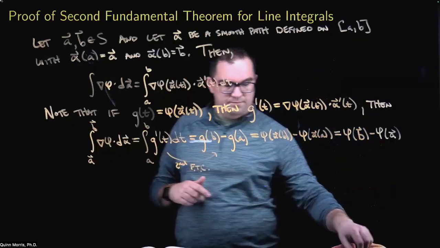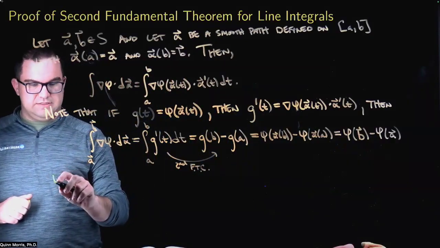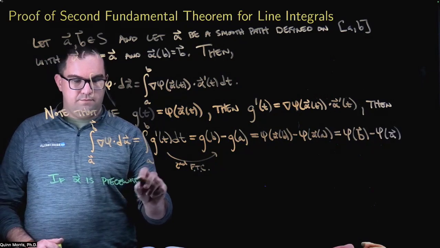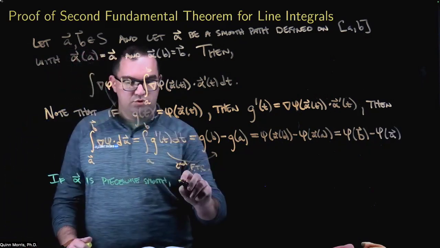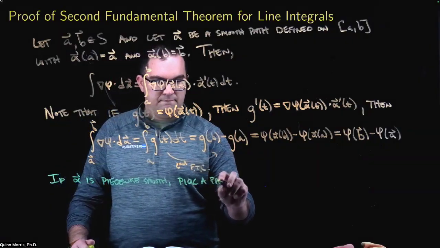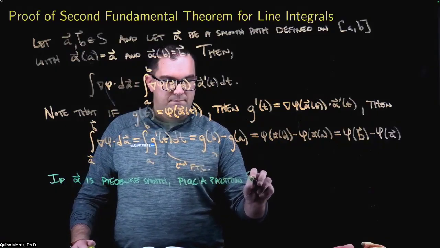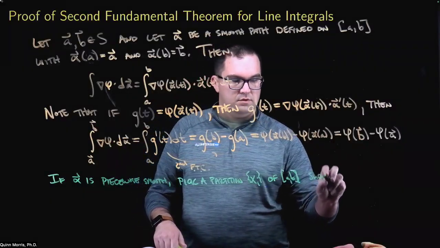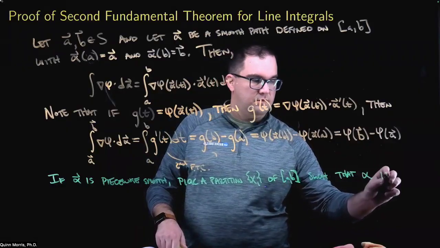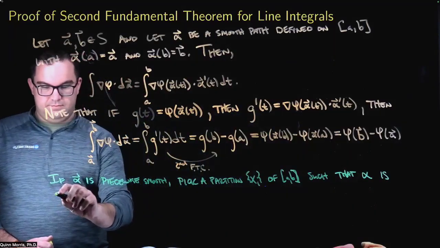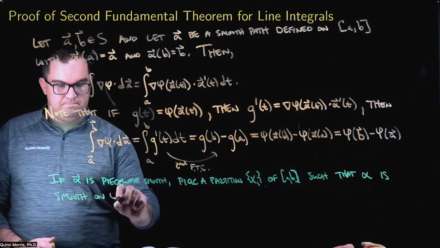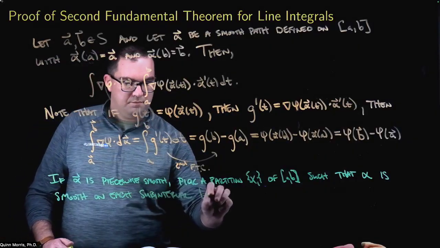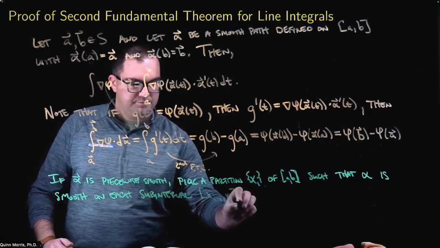But what if it's piecewise smooth? Well, let's break that out as a quick separate case. If alpha is piecewise smooth, then we'll just pick a partition x_i of the interval a, b such that alpha is smooth on each subinterval of the partition, x_{i-1} to x_i, say.